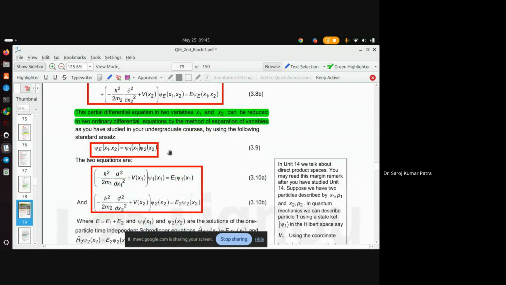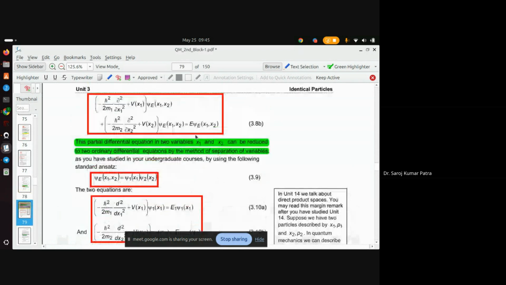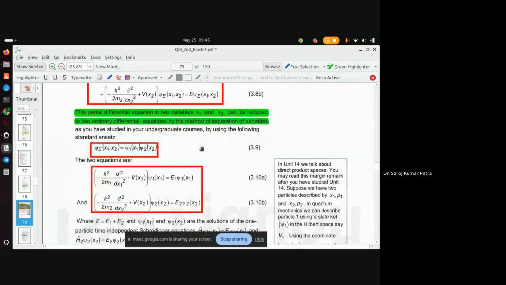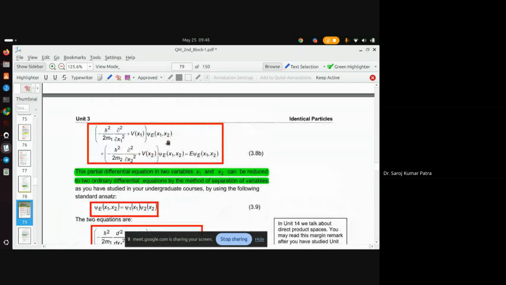If that is the case, then this one equation can be written as a combination of two equations, because here it will be psi1(x1) psi2(x2), here also psi1(x1) psi2(x2).